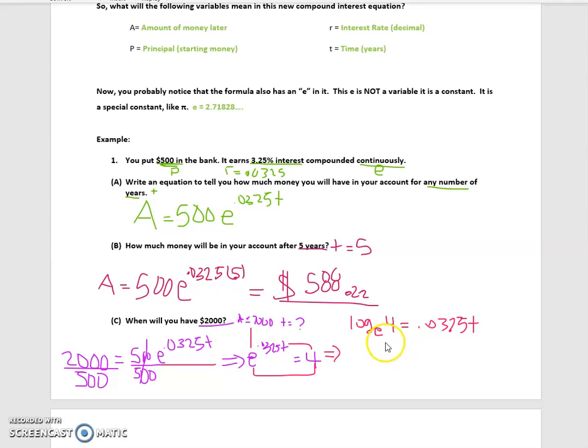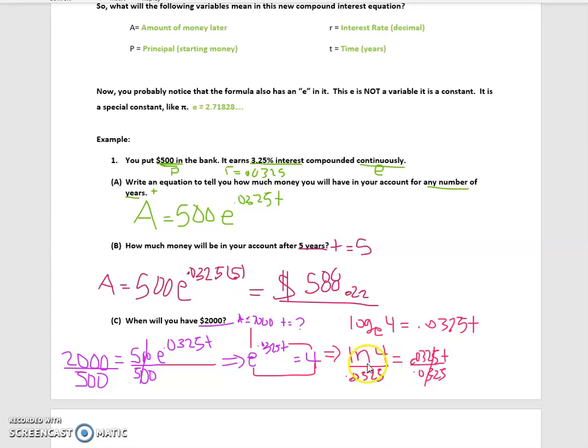Okay, remember log base e is ln, so really this is the natural log of 4 equals 0.0325t. Okay, so we want to get t by itself, so we're going to divide both sides by 0.0325. That goes away.